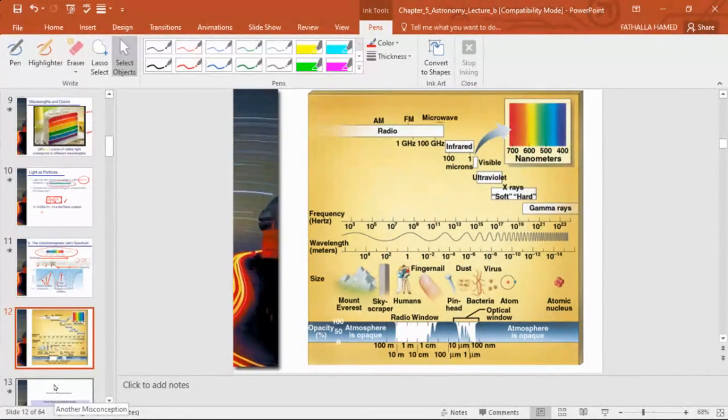In this slide here, it's the same slide, just looking at the different electromagnetic waves. So if you look at them, it's gamma rays, X-rays, sometimes known as soft and hard. You don't have to worry about this. Ultraviolet, visible light, infrared, and radio waves.